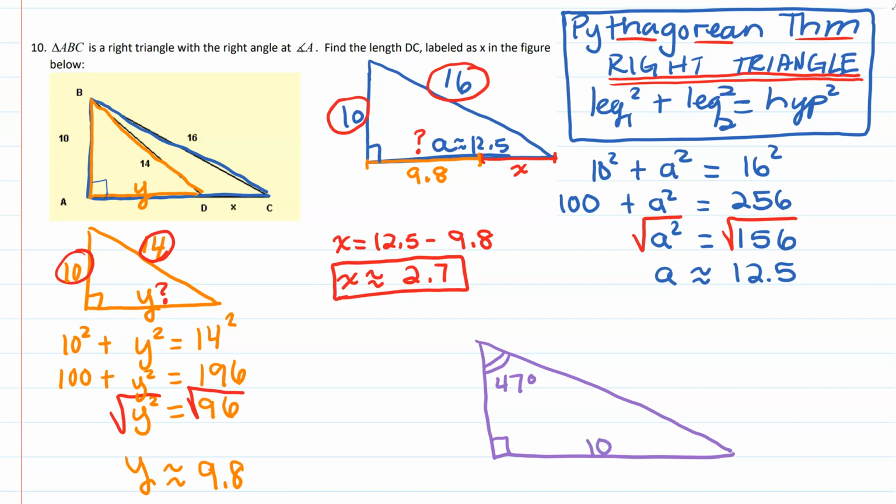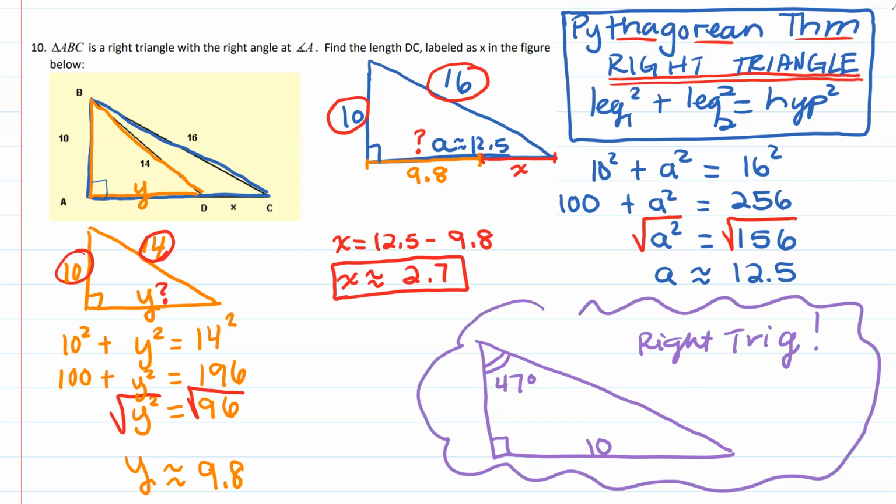If you know an angle and a side, then right triangle trigonometry would be the trick here. Whereas if you know 2 sides and you're looking for the third, then it's the Pythagorean theorem. And that is what I want to highlight in this problem: when to use the Pythagorean theorem versus when to use trigonometry.